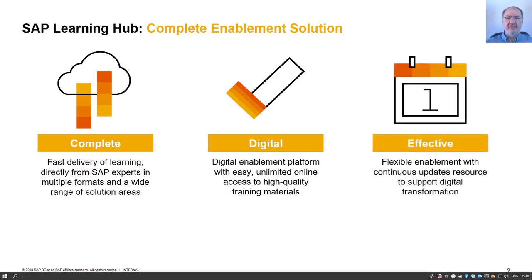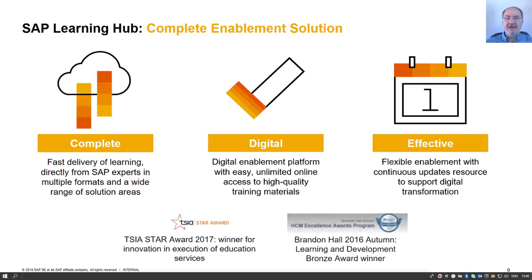It's effective because it's a flexible, high-quality resource for expert enablement with continuous updates to support your digital transformation journey. SAP Learning Hub has received many awards in the training industry, including a TSIA Star Award for Innovation and Execution of Education Services and a Brandon Hall Learning and Development Award.